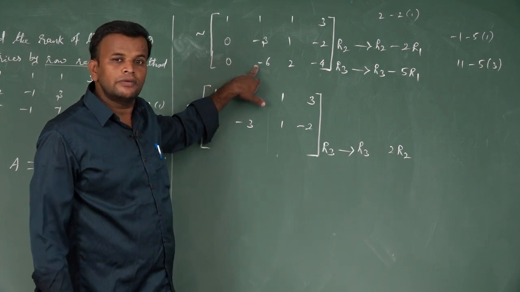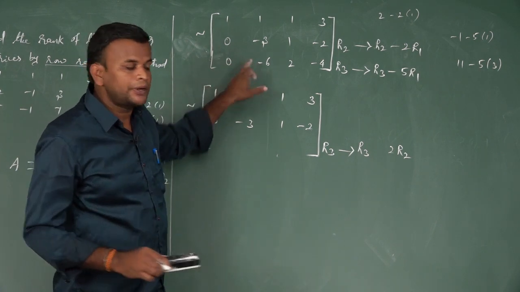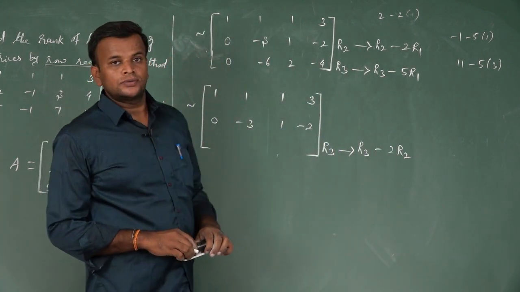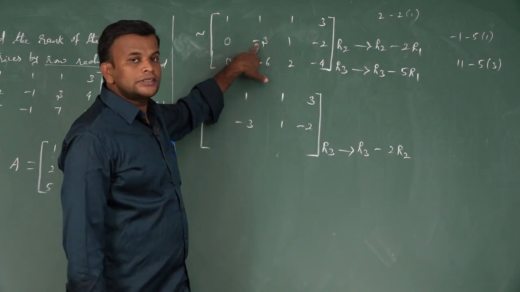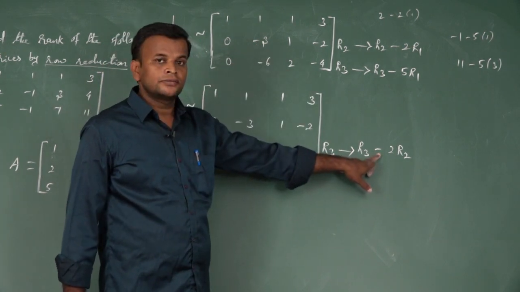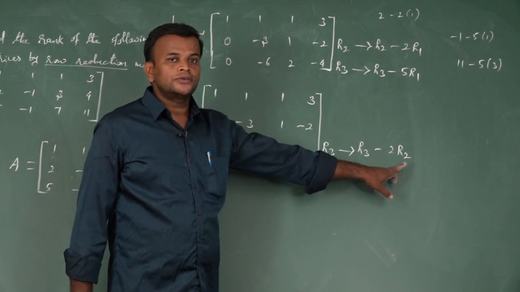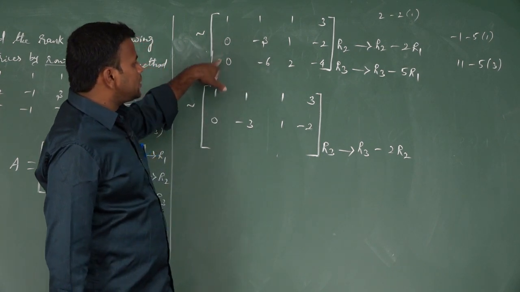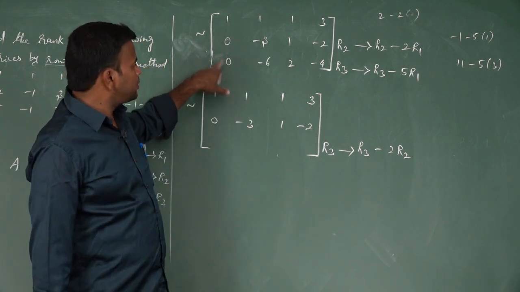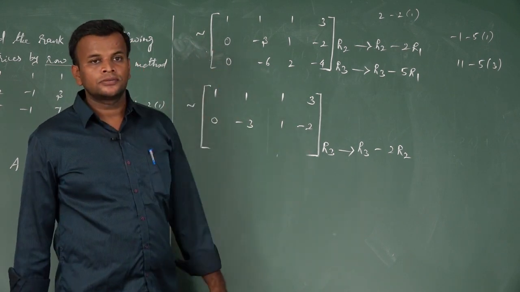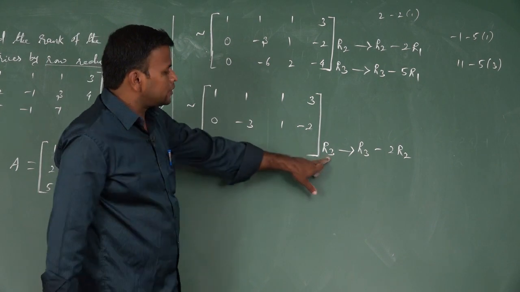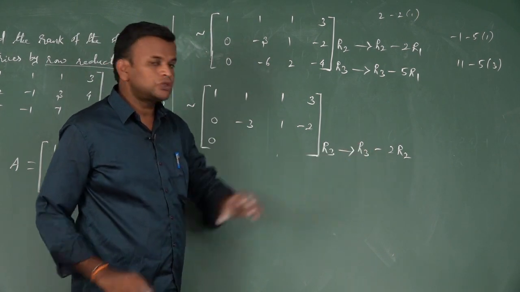When the sign is the same, it becomes 0 only by subtracting, so R3 minus 2R2. Suppose it were plus 3, I would put plus. So this element becomes 0. These two elements we don't consider because they are already 0. Whatever the operation, they remain 0. We write R3 as R3 minus 2R2.